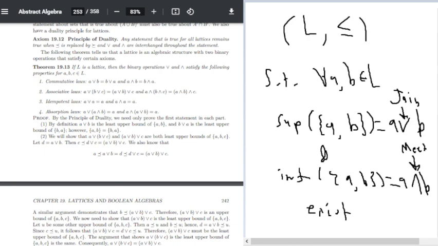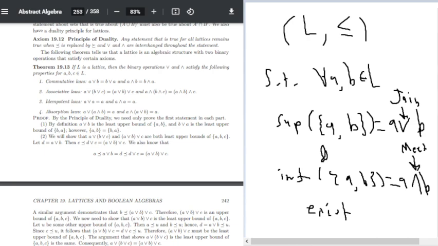The associative laws: a join (b join c) is equal to (a join b) join c, and a meet (b meet c) is equal to (a meet b) meet c. 3. The idempotent laws: a join a is equal to a, and a meet a is equal to a. 4. The absorption laws: a join (a meet b) is equal to a, and a meet (a join b) is equal to a.